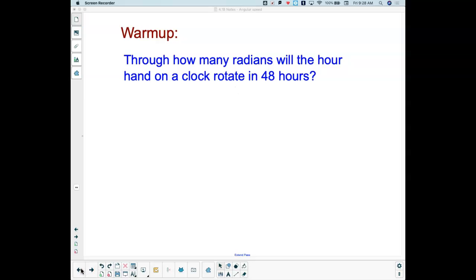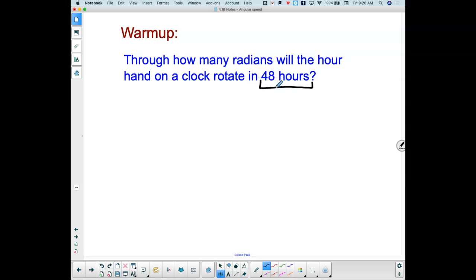So in 48 hours, how many revolutions does the hour hand make on an analog clock? How many revolutions? 4 revolutions, right? The hour hand on a clock goes 1 full revolution every 12 hours, correct? So that means in 48 hours we've made 4 revolutions.